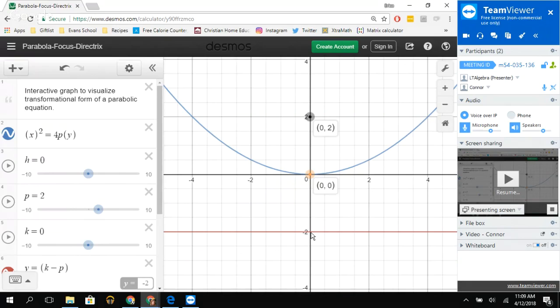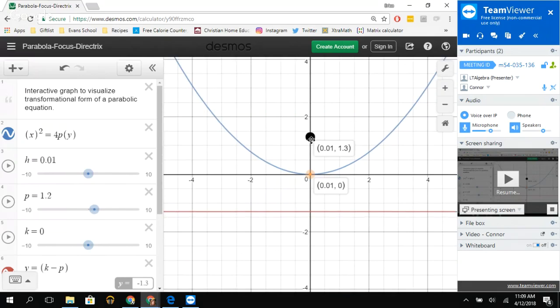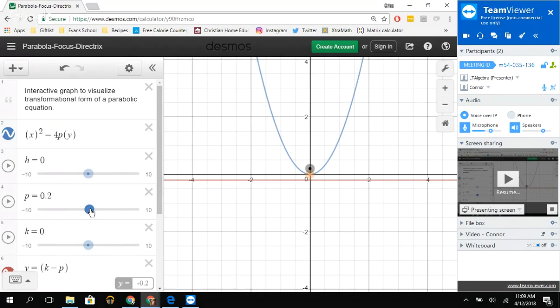One of the things that I think is kind of cool to visualize is what happens when your focus point changes. If I pull my focus point closer in, you can see that I get a parabola that's much faster growing, or tighter into my focus point.